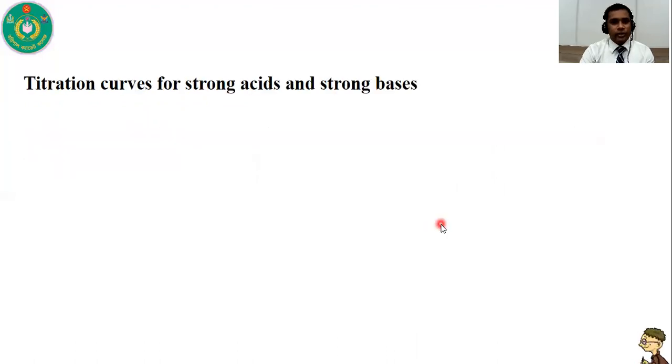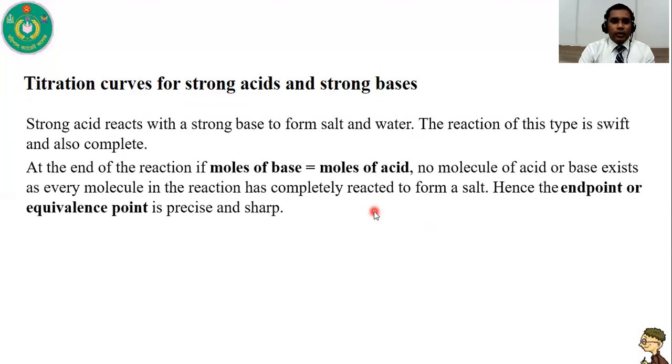Now we discuss the titration curve for a strong acid and strong base reaction. When a strong acid reacts with a strong base, it forms salt and water, and this reaction is very swift and also complete. At the end of this reaction, if moles of base equal moles of acid, every molecule in the reaction has completely reacted to form salt.